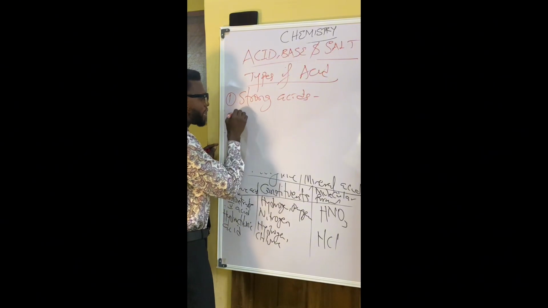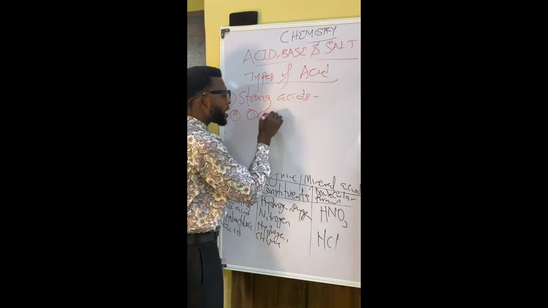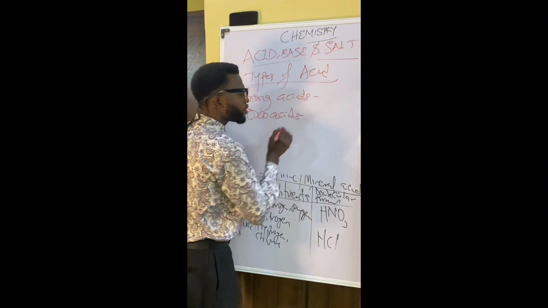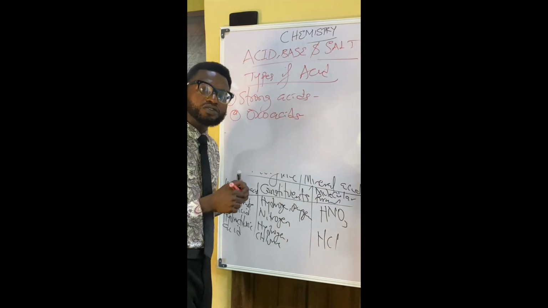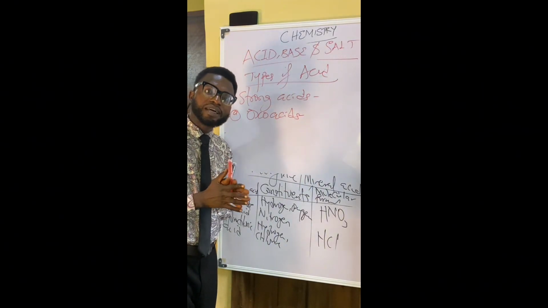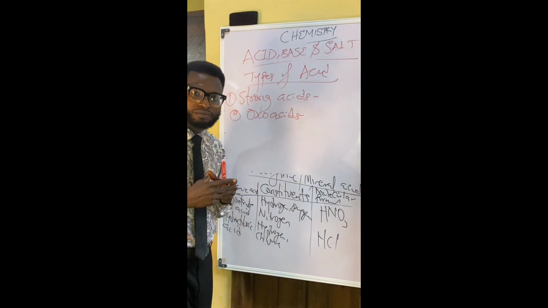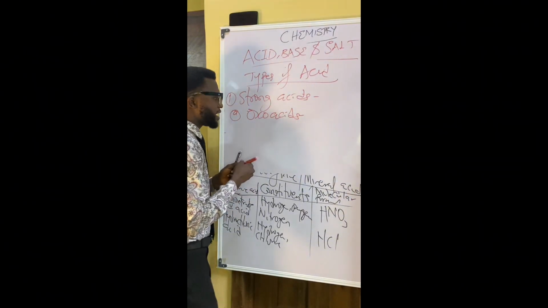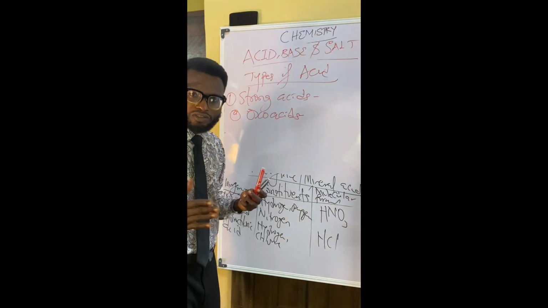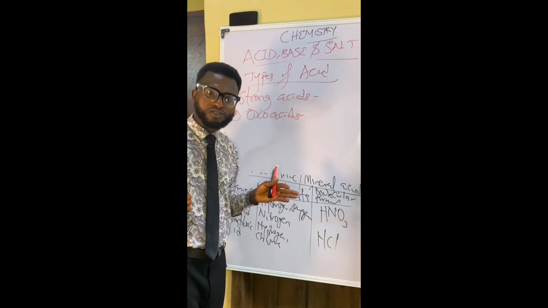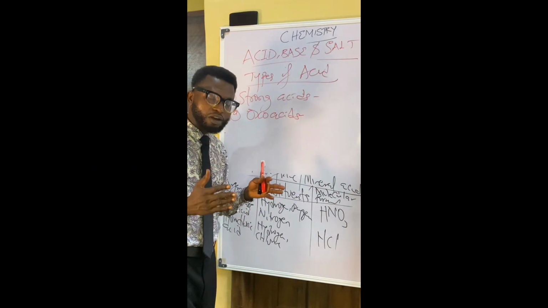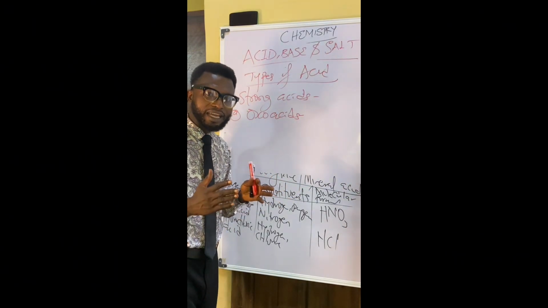We have what is known as oxo acids. What are oxo acids? Oxo acids are acids that incorporate or embody an oxygen atom in their molecule. Examples are tetraoxonitrate(V) acid, tetraoxoacetic acid, tetraoxophosphate(V) acid. All these are examples of what?